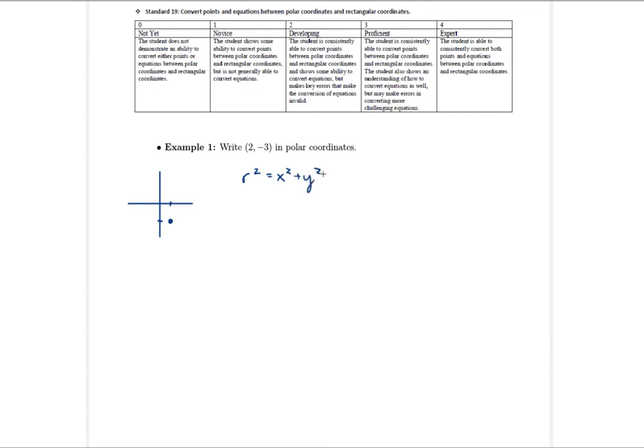So r squared is equal to 2 squared plus -3 squared, which is equal to 13. So r must equal the square root of 13. And the square root of 13 is between the square root of 9 and the square root of 16, so it's somewhere between 3 and 4. And that seems reasonable, that this hypotenuse would be between 3 and 4. So I'm good so far.